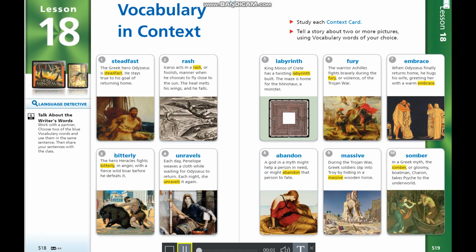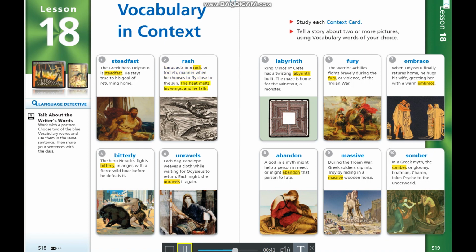Lesson 18. Language Detective. Talk about the writer's words. Work with a partner. Choose 2 of the blue vocabulary words and use them in the same sentence. Then share your sentences with the class. Vocabulary in context. 1. Steadfast. The Greek hero Odysseus is steadfast. He stays true to his goal of returning home. 2. Rash. Icarus acts in a rash or foolish manner when he chooses to fly close to the sun.